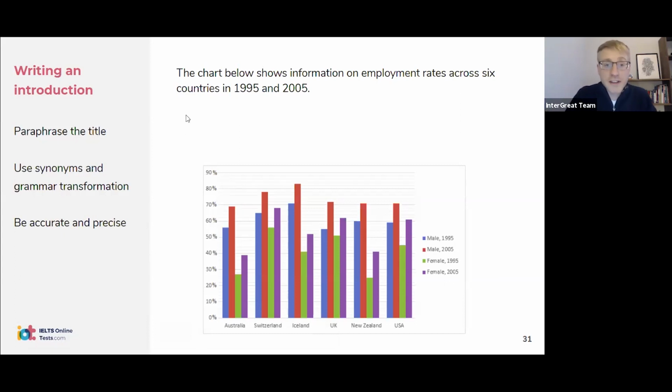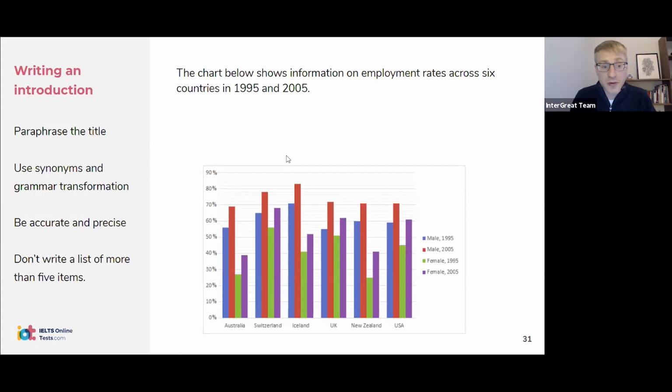You don't need to change every word. There are some words that it's very difficult to find a synonym for, okay? So don't worry if you're repeating some of the same words, just don't copy the question word for word, all right? So let's take a look how we can paraphrase.